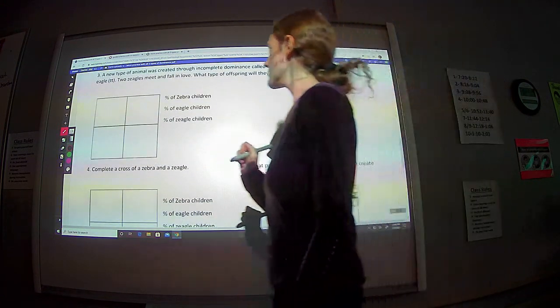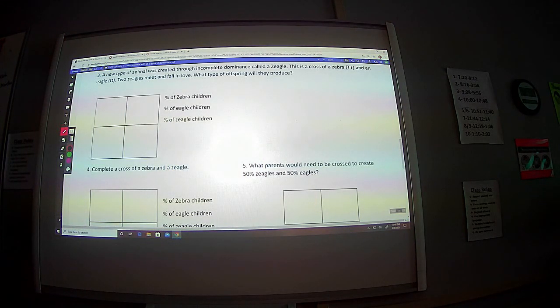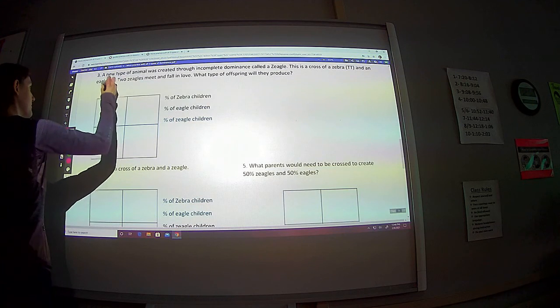A new type of animal was created through incomplete dominance. Now we're going back to incomplete dominance here. It's called a zeegle. This is a cross between a zebra and an eagle. Two zeegles meet and fall in love. What type of offspring will they produce? So in incomplete dominance, we're just using one letter.